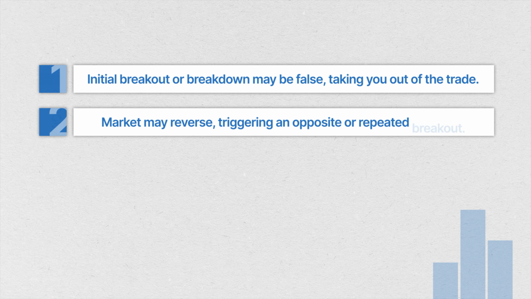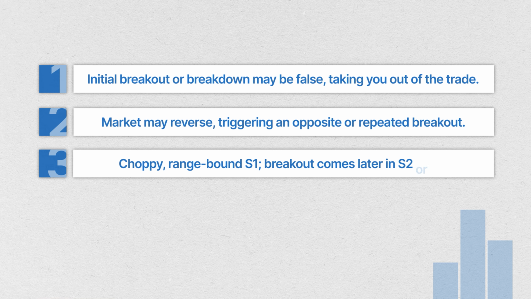Second, the market may reverse, after which you might either get a breakout in the opposite direction or another breakout attempt in the original direction. Third, you may simply get a choppy day where the price remains range bound throughout most or all of S1 and the real breakout only comes later in S2 or even S3.